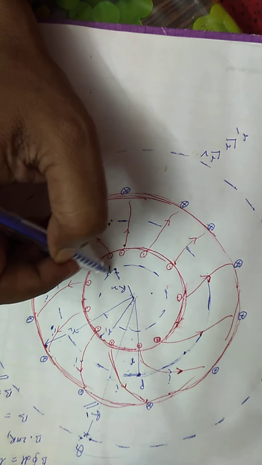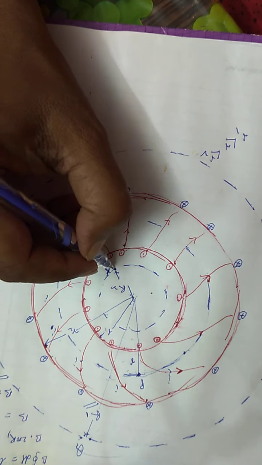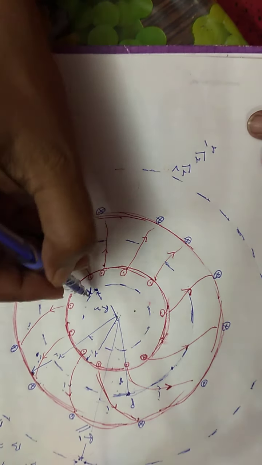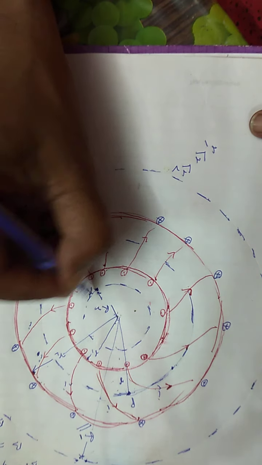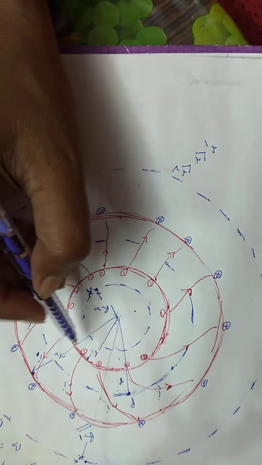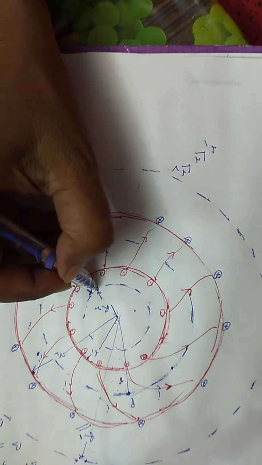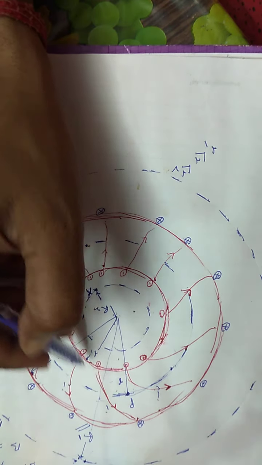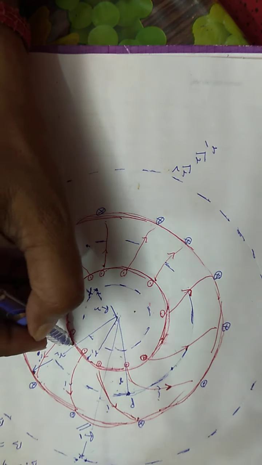Inside the toroid here means not between the external radius and internal radius.